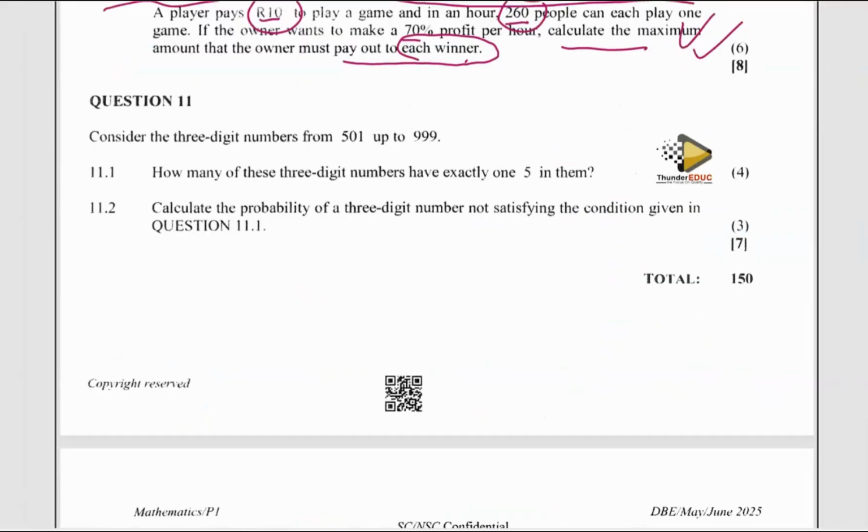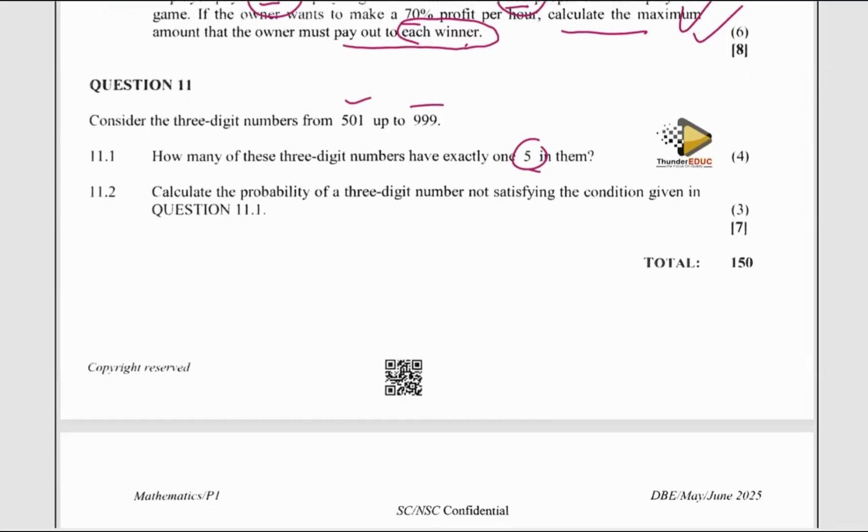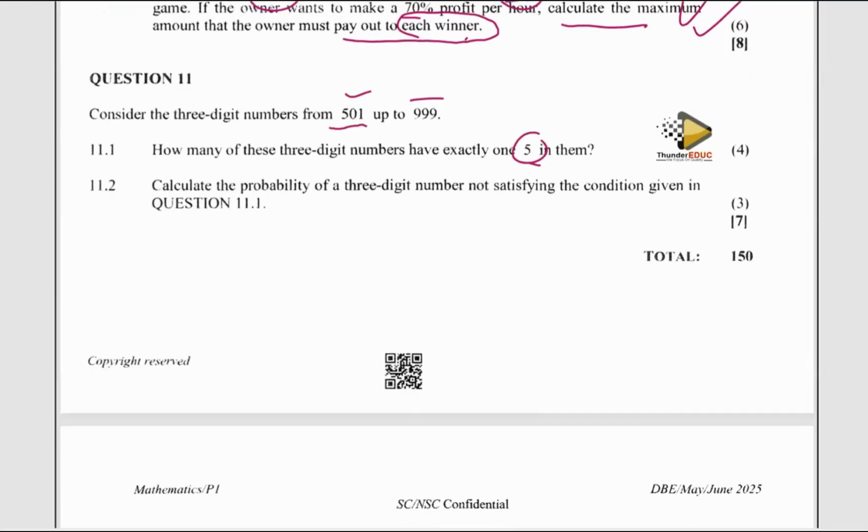Lastly, question 11, consider three-digit numbers 501 up to 999. How many of these three-digit numbers have exactly one 5 in them? Since there are 3 digits, we have 3 scenarios. The first scenario is where the 5 comes first. Then we only have 9 digits to choose from for the second and the third, because those can repeat.